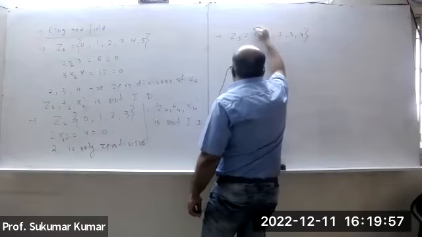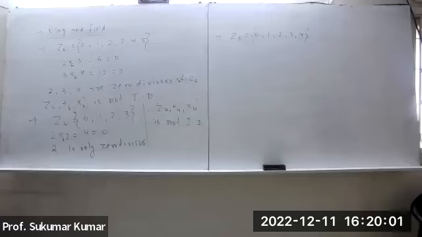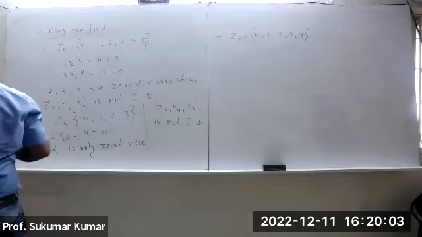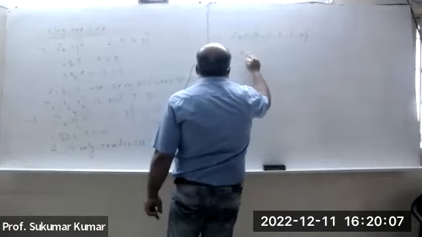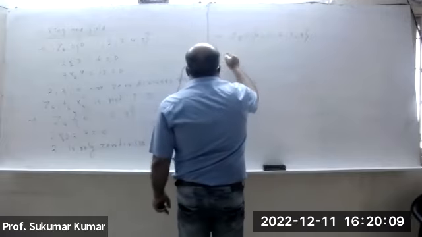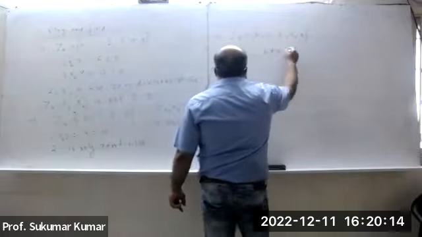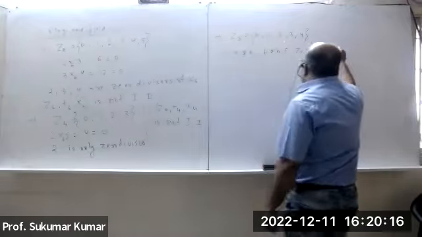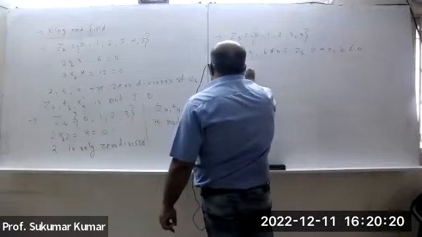You can see any two non-zero elements if you choose, their product must be non-zero. You can write also, any two non-zero elements if we choose from Z5, their product must be non-zero. So this is an integral domain, you can write.